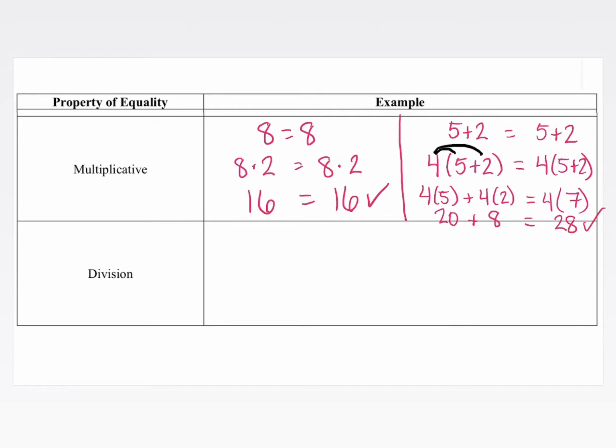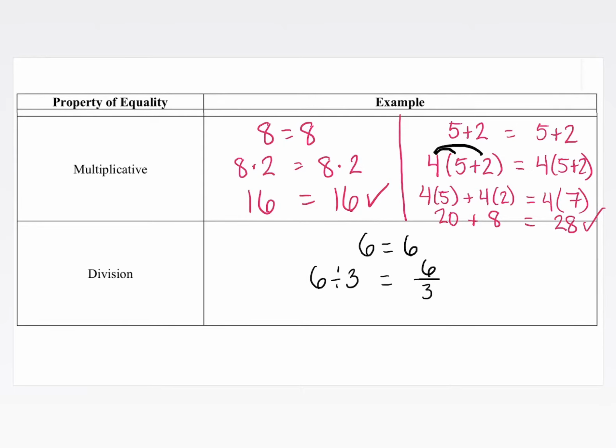For division, we can have 6 equals 6. Now on the left-hand side, if I want to divide 6 by 3, I can write it like this. However, on the right-hand side, let's say I want to write it as 6 divided by 3, so it looks like a fraction.